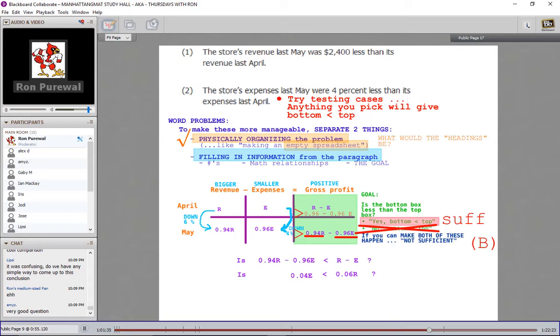Anybody got a story to tell me about that? How about that? Don't forget, you will have to use everything they tell you in the problem.